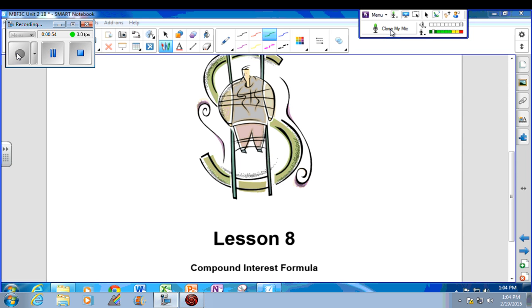So yesterday we looked at the compound interest formula and we saw that it's different than the simple interest formula. The idea is really the same: we have a compounding period and an interest rate. We calculate the interest that's earned over the compounding period over the term of the investment or a loan.